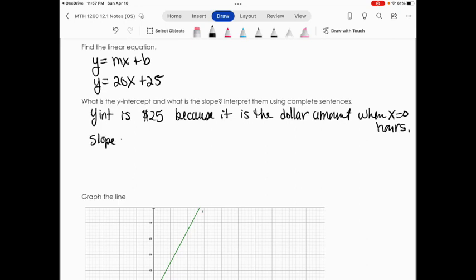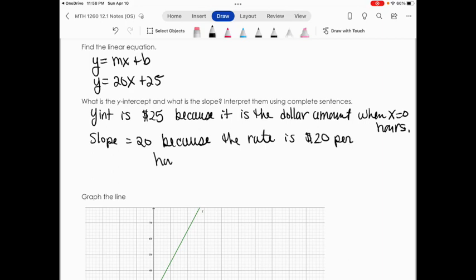Now the slope is $20 because that is the rate. The slope is 20 because the rate is $20 per hour.